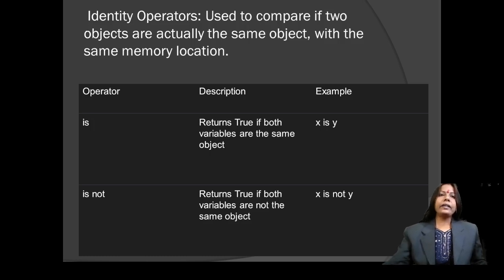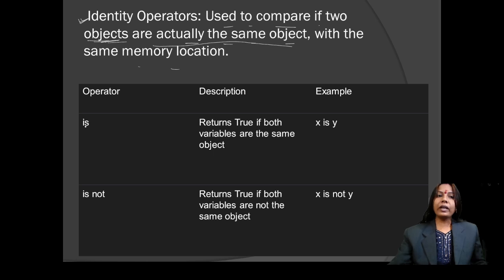Yes, what is the identity operator? The identity operator is used to compare if two objects are actually the same object with the same memory location. Notice that: it compares if two objects are actually the same object. After using programming, I will try to make you understand the difference between object and value.